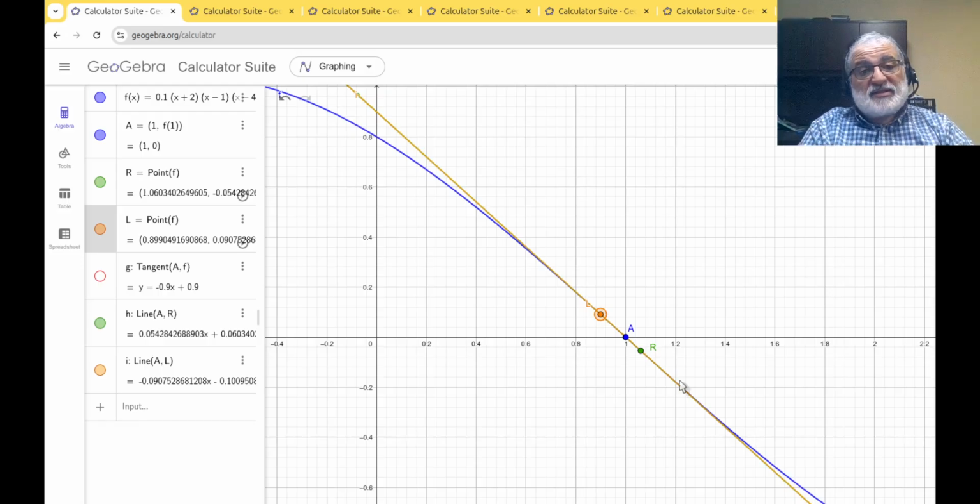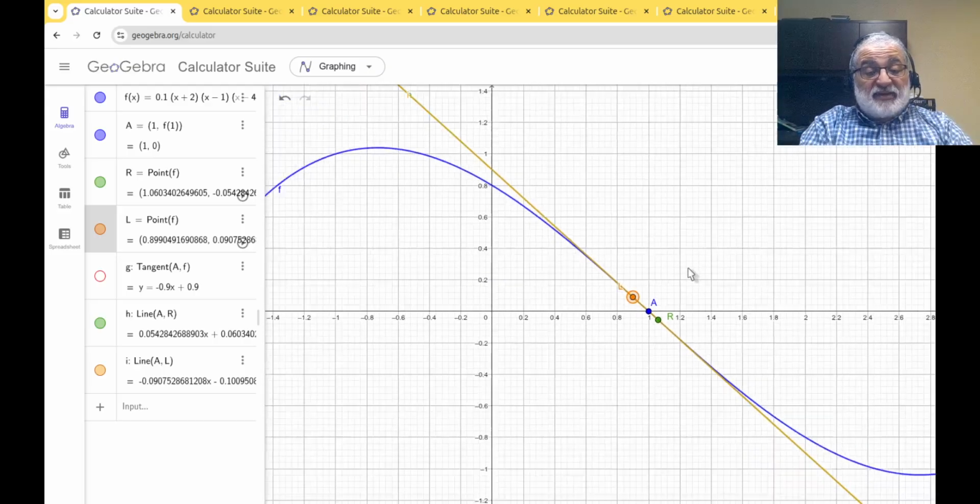They're approaching one and the same line. And that line is the tangent to the graph at A, and the slope of the tangent is the derivative of the function and is the instantaneous rate of change of the function at this point A in this case.